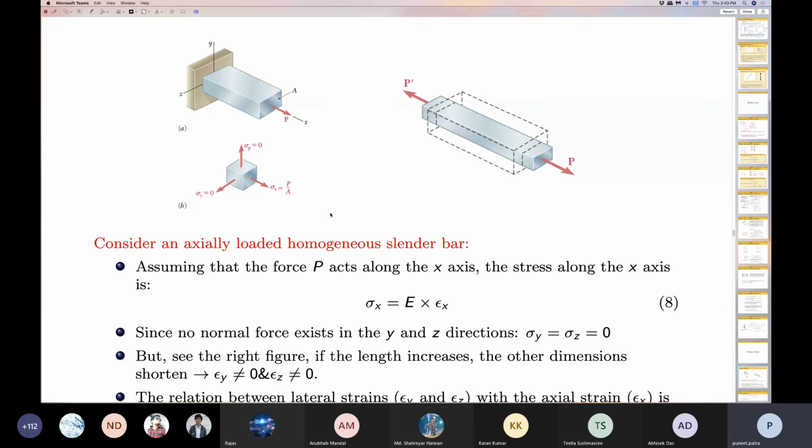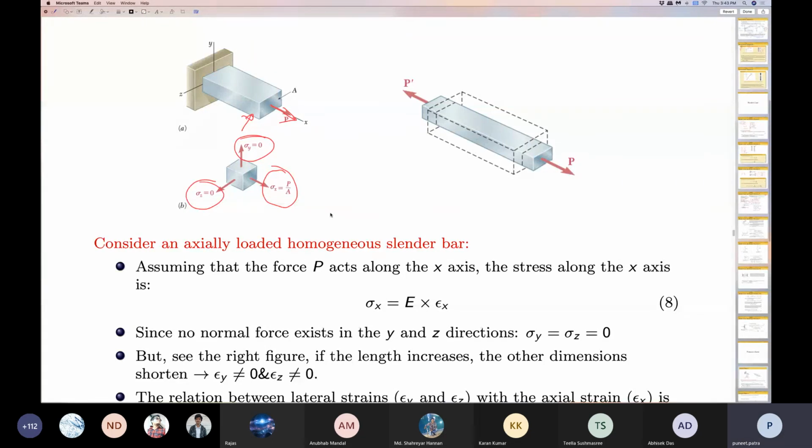This concept can easily be extended to any general material. Consider a member subjected to a force along the x direction only. Therefore, sigma x is going to be P by A. Since there is no force along the y and z directions, sigma y is 0 and sigma z is equal to 0.